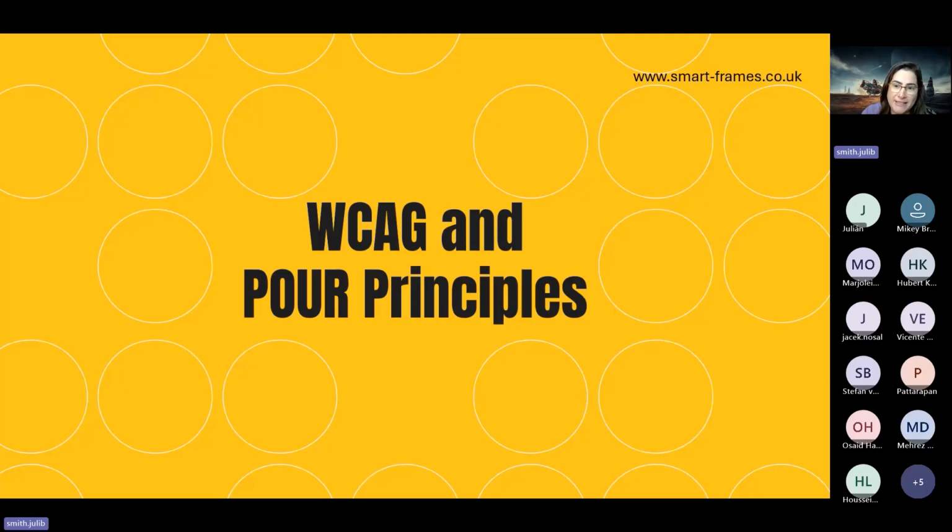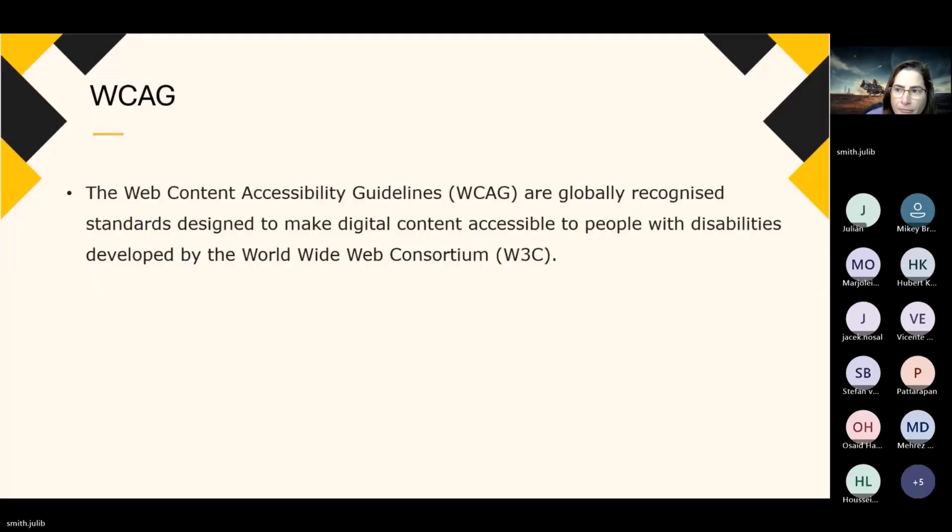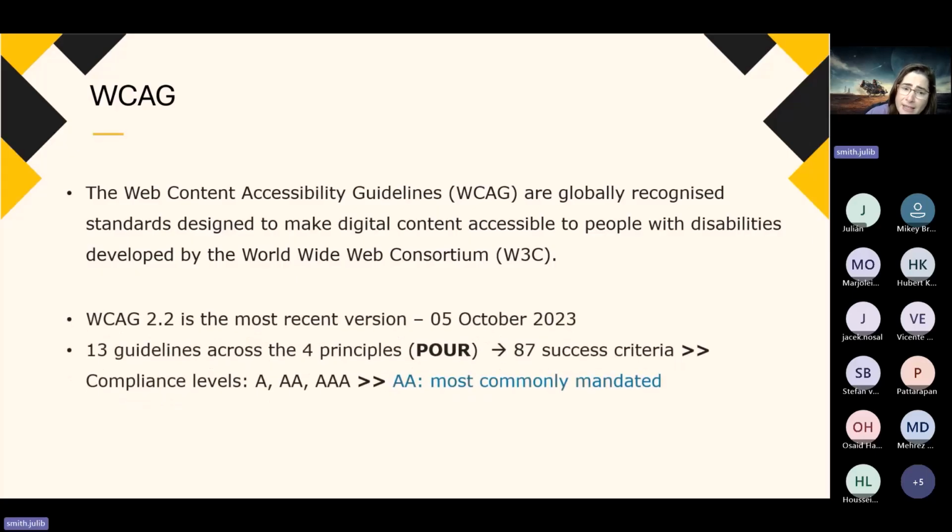Let's now understand what the Web Content Accessibility Guidelines, known for short as WCAG, are, and the core principles. The Web Content Accessibility Guidelines are globally recognized standards, designed to make digital content accessible to people with disabilities. They were developed by the World Wide Web Consortium, and the most recent version, the one that is being used, is WCAG 2.2, which has been officially used since October 2023, although the draft for 3.0 is already available on their website.